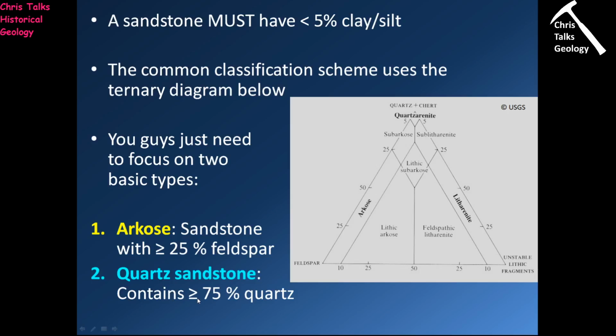If it contains greater than 75% quartz, you're going to refer to it as a quartz sandstone. Quartz sandstones will typically be quite light in their appearance because quartz is typically a light coloured mineral, and so the rocks it produces will also be quite light in colour.